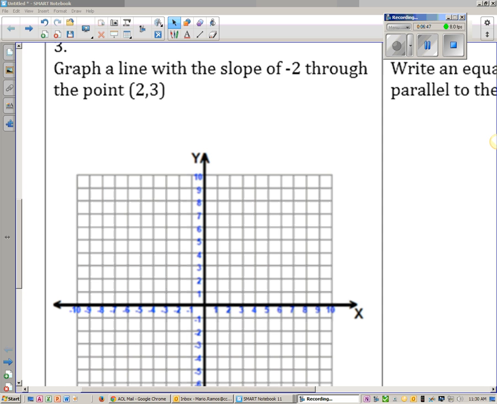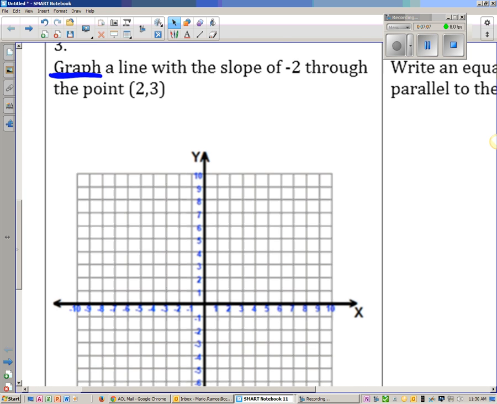Problem number 3, you're being asked to graph a line with a slope of negative 2 through the point 2, 3. I did have some questions on what you actually had to do here, and I did know that graph was highlighted in black. So those were your instructions.